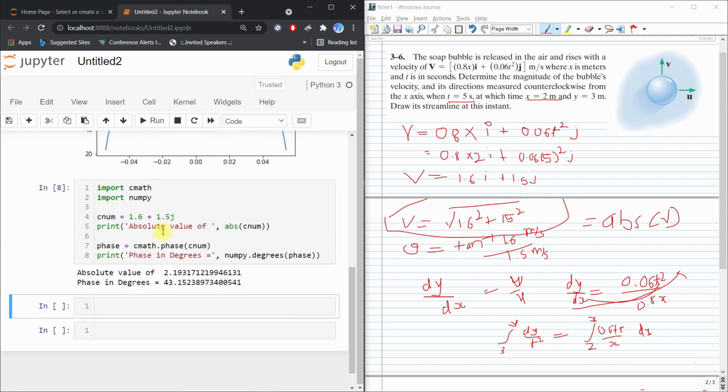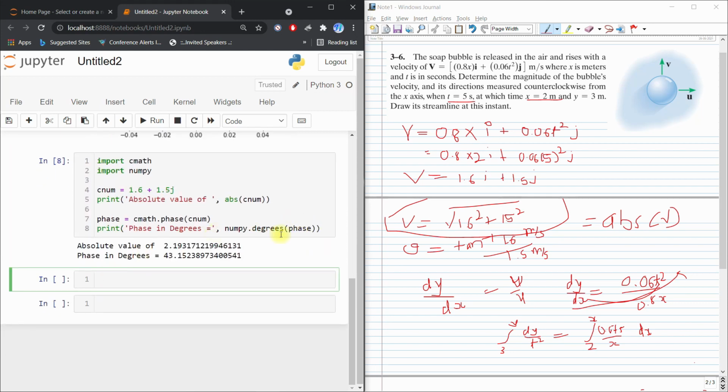If I run this code, here you can see that I got the absolute value of 2.19 and the phase angle is 43.15 degrees.